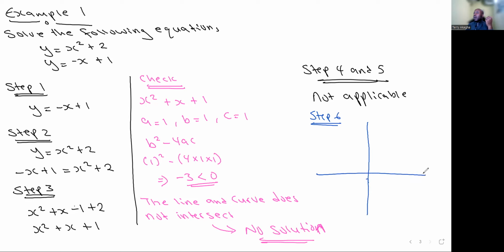When you draw this graph, we have x squared plus 2. Please go back and follow the 5 rules for sketching a graph. For the quadratic, you need to know the x-intercept, the y-intercept, the vertex, the size, and the shape.